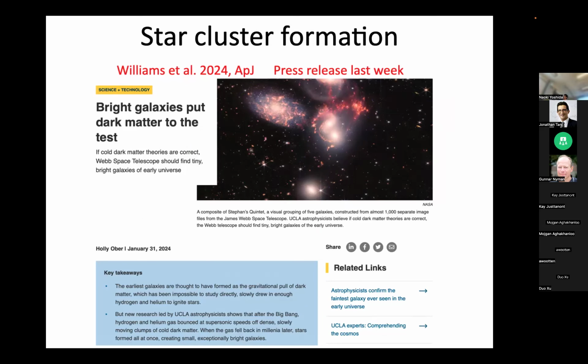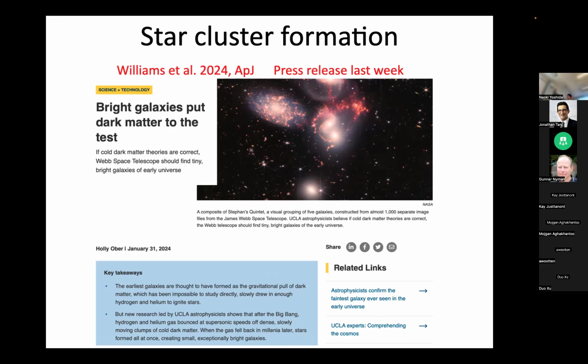This is an example released last week from UCLA showing bright small galaxies can be formed without the help of dark matter. This can be an interesting test of the whole structure formation paradigm. So please see this impressive press release from UCLA.